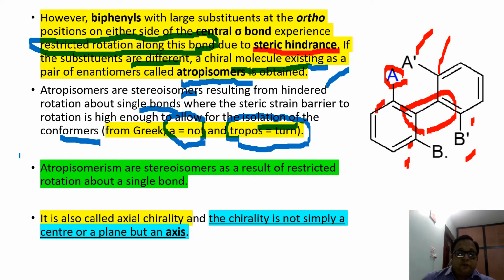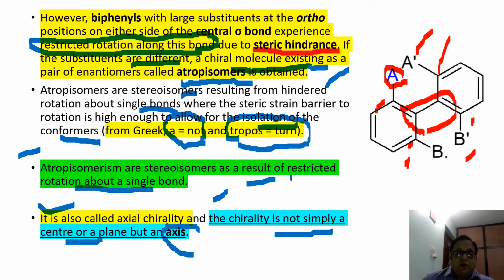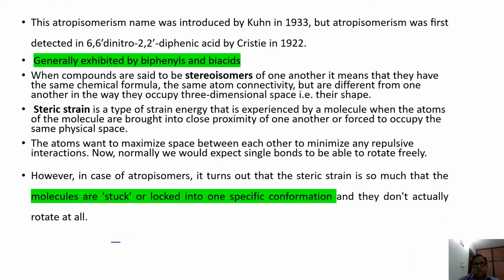So atropisomers are the stereoisomers resulting from restricted rotation about a single bond. It is also called axial chirality, because the chirality is not simply about a center or plane but an axis. Because atropisomerism results from chirality around an axis, it is called axial chirality.